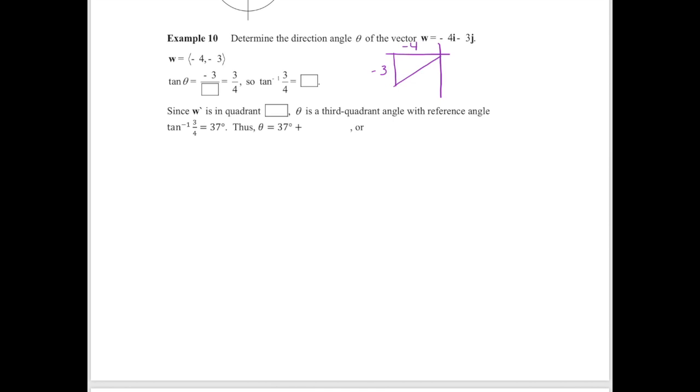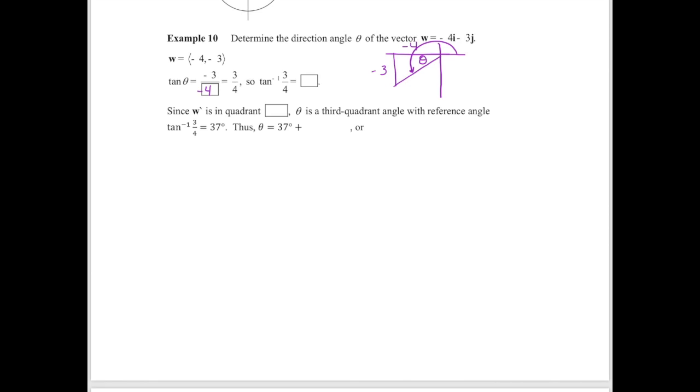If I need to find what theta is, what I'm given is tangent, since tangent is opposite over adjacent. So opposite is negative 3, adjacent is negative 4, or 3/4. I'm looking for a degree value of theta because I ultimately want to know the degree from here all the way to this location. So I need to find the inverse of tangent.